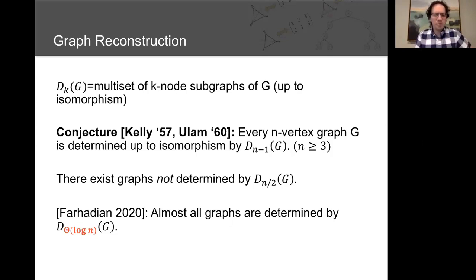If your graph comes from real data, the chances that your real data are 100% accurate are almost nothing, right? So knowing your graph exactly is too rigid because your data is not that accurate. But you want to know something about your graph. And so what this result is telling you is, well, look at counts of small subgraphs.